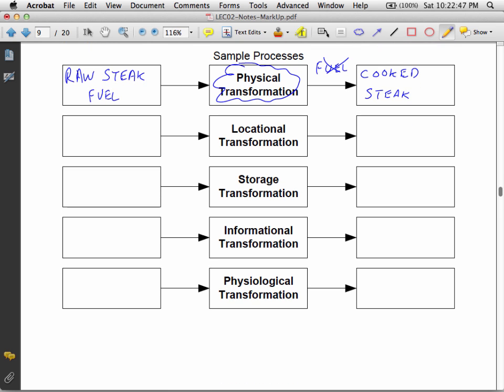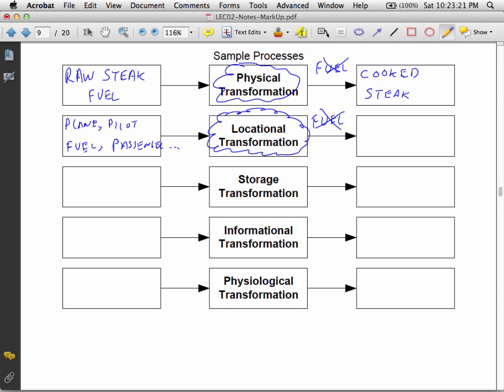We gave the example of locational transformation. This one happens all the time. So again, you might have an airplane, a pilot, jet fuel, passenger, and any number of inputs you want to consider. Again, a locational transformation, you're moving from one place to another and actually creating something new on the other side. So the fuel again has been consumed.